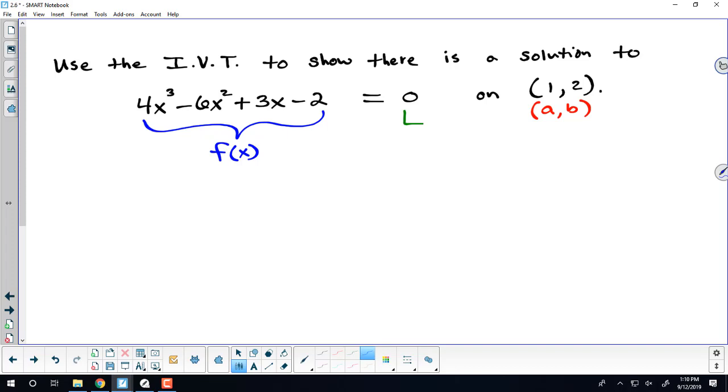Don't just jump right into computing values, because the underlying assumption to use this theorem is that the function is continuous. Okay? So the first thing we're going to address is: is f of x continuous on [1, 2]?